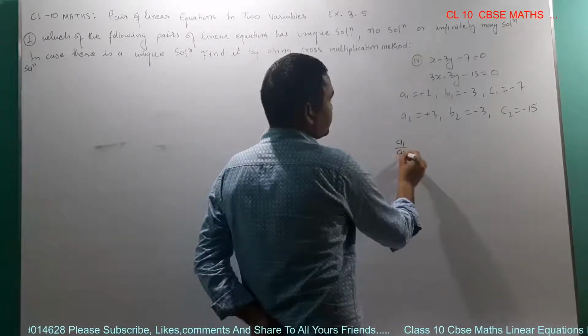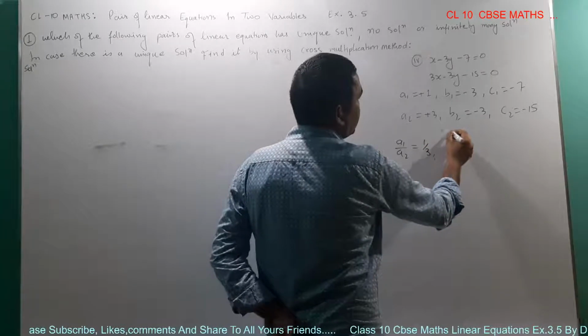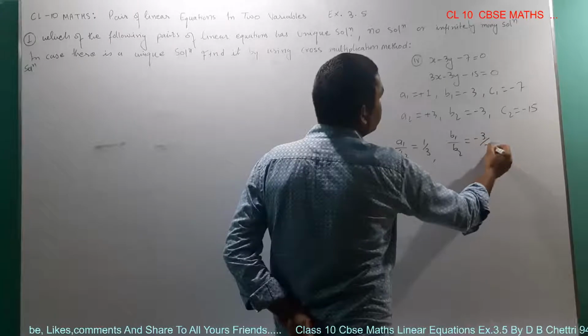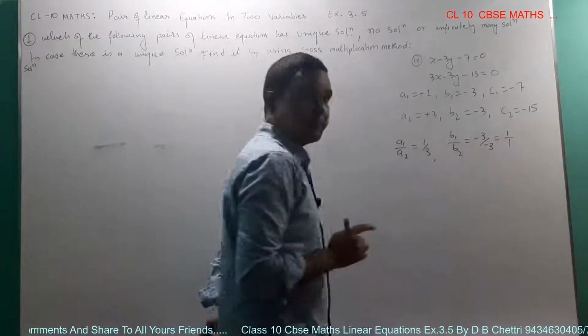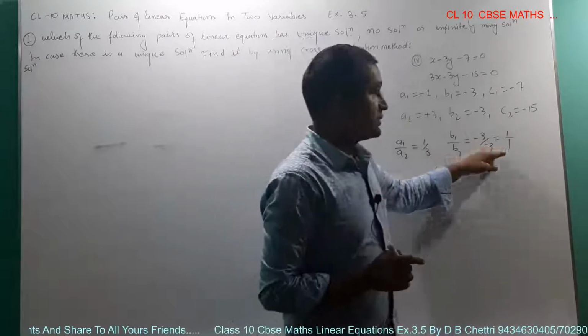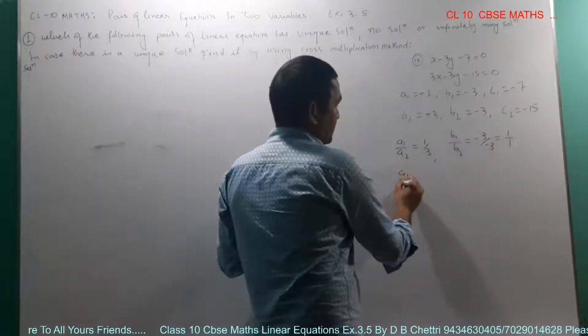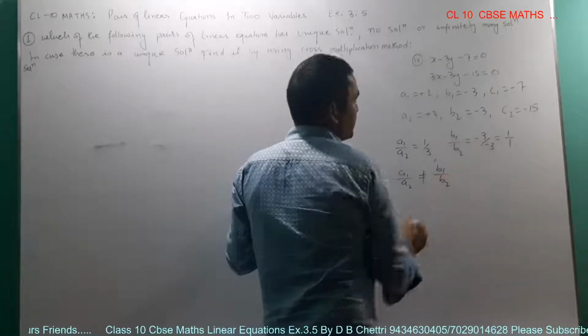Now let's get their ratio. a1 by a2 equals 1 by 3. Then b1 by b2 equals minus 3 by minus 3, cancel, 1 by 1. That means these two ratios are not same. If these two ratios are not same, no need to find the third ratio. Then a1 by a2 is not equal to b1 by b2.